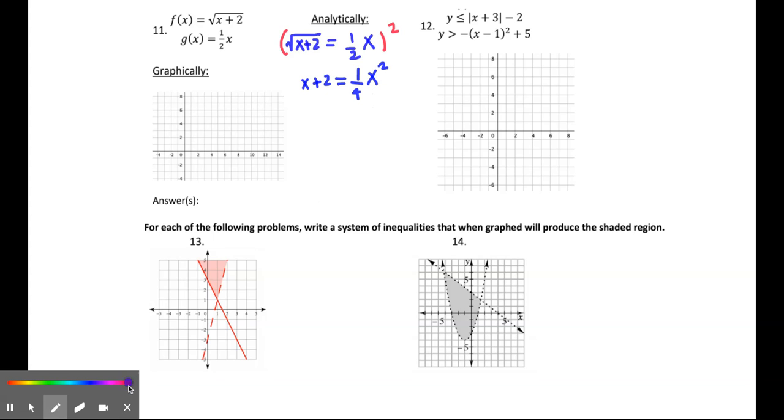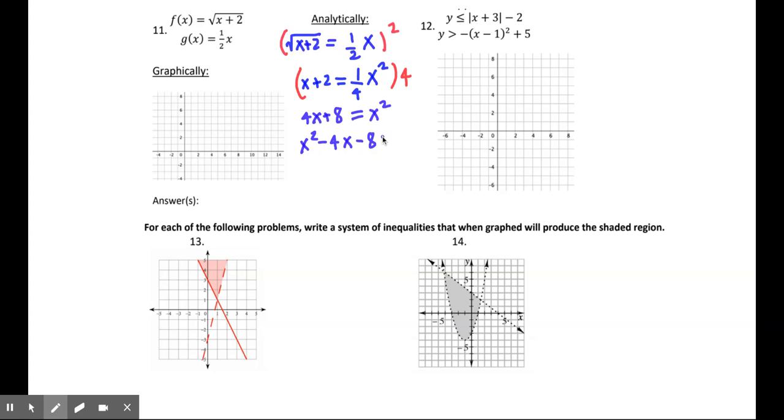And then let's get rid of that fraction. So multiply by 4, and then you get 4x plus 8 equals x squared. Then set it equal to 0. And well, this doesn't factor, it's actually pretty gross. So let's just skip ahead to the graphing part.